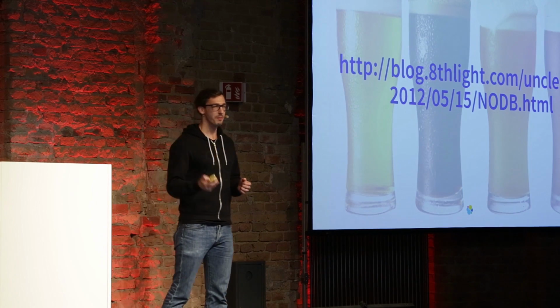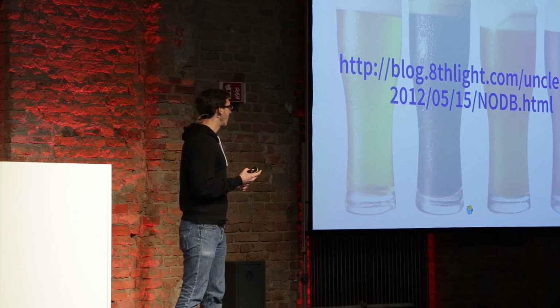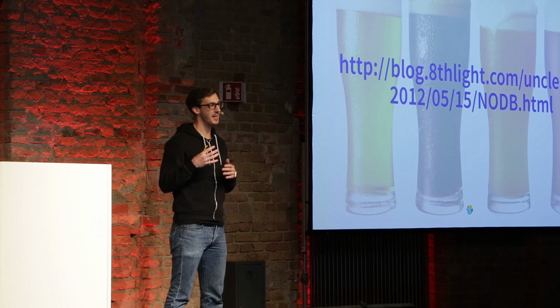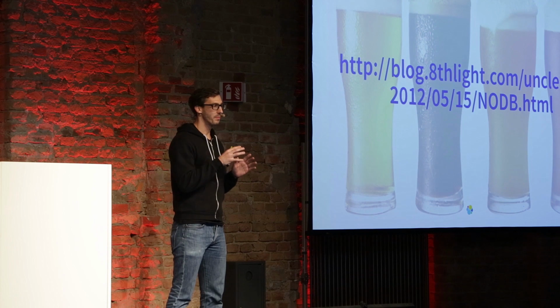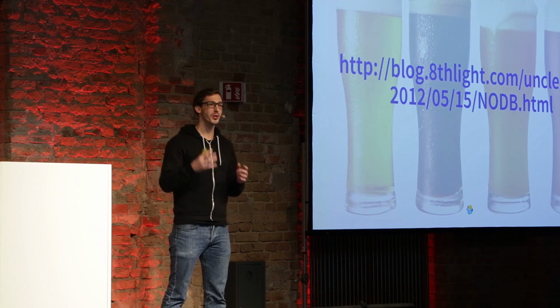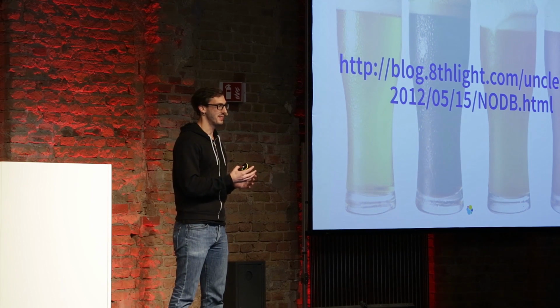And there is Uncle Bob. He's very well known, at least in the Java ecosystem, and he has a very nice blog post about beer and databases, where he compares the state of databases to beer. Like in the 20s, when you were not allowed to sell any alcohol in the US, people forgot how to brew proper beer. And he said kind of the same thing happened with databases.